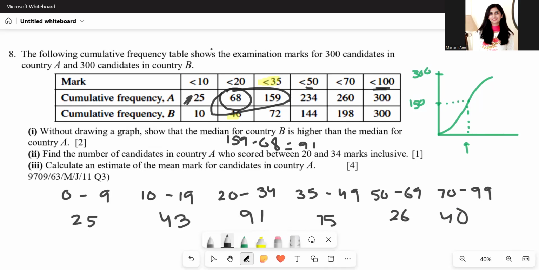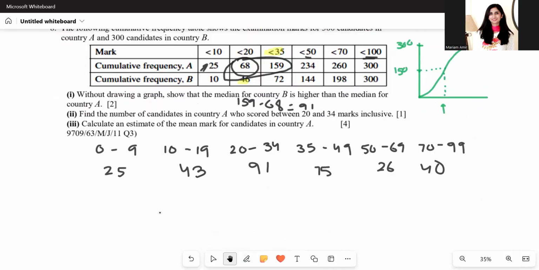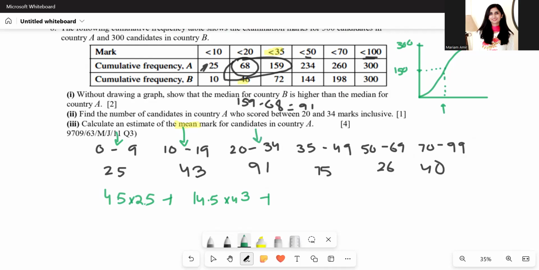Okay, now we're ready to find the mean. To estimate the mean, we find the mid value of this, which is 4.5, times the frequency, plus the mid value of this, which is 14.5, plus the mid value of these, which is 27.